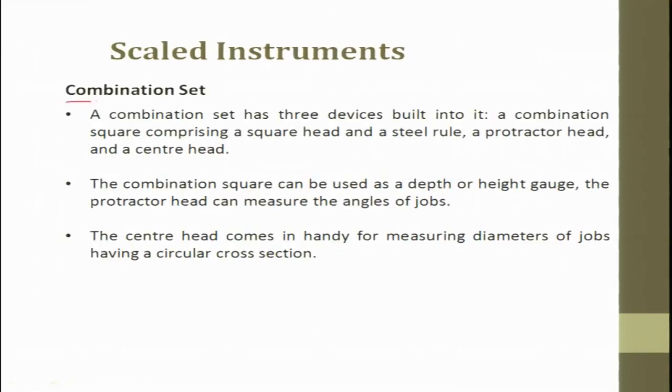Next is an interesting thing, which is a combination set. A combination set has 3 devices built into it. Till now what we saw was only single instruments: a V block, a flat plate, a depth gauge, maybe a vernier, a screw gauge.